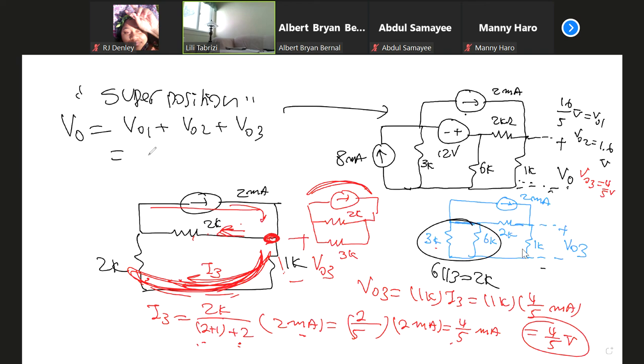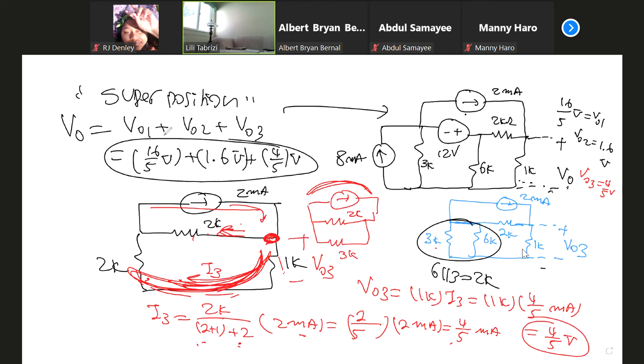So it's equal to 16/5 volts, and please double check my calculations sometimes. Volts, you don't have to put the unit, but just to show you. And then 4/5 volts.